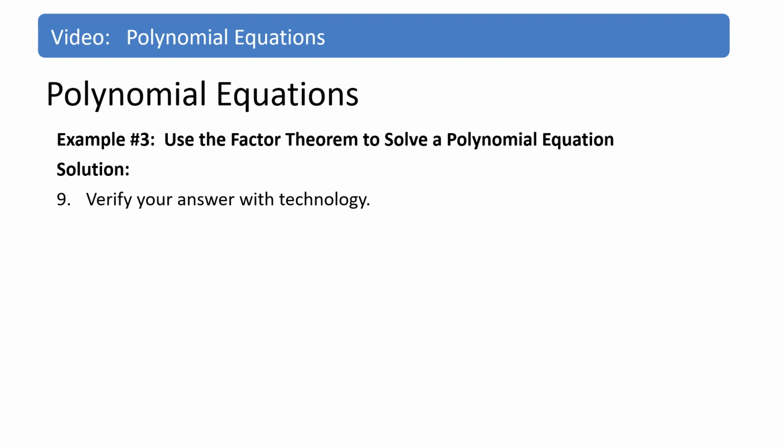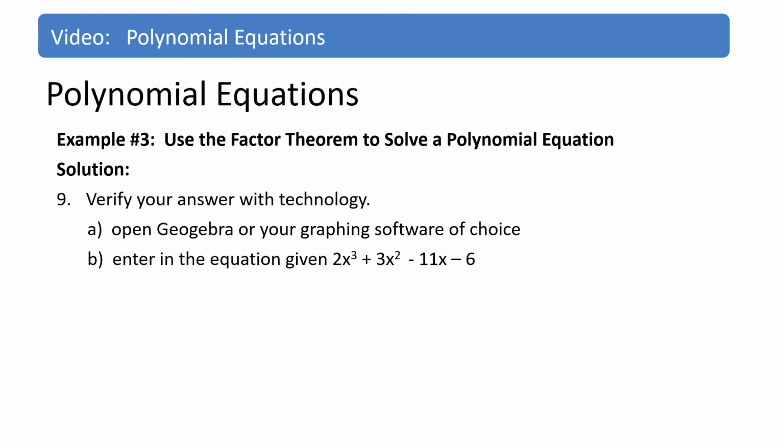Now we will verify using technology. We will use GeoGebra, but you can use your graphing software of choice. We're going to enter the equation that we're given, 2x^3 + 3x^2 - 11x - 6.